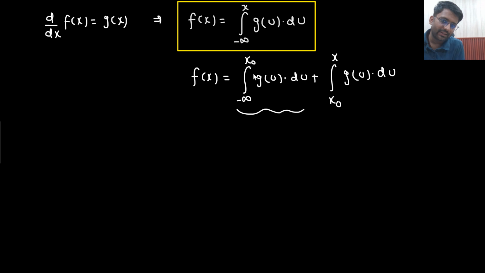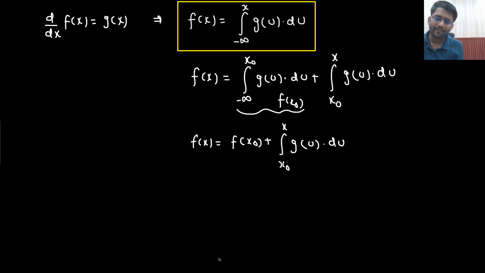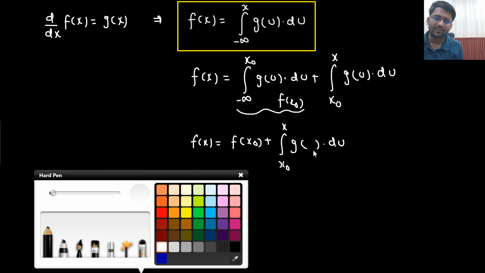Now what would this represent? In this equation, if you put x naught in place of x, this would represent nothing but f of x naught only. So f(x) equals f of x naught plus the integral from x naught to x of g of u du. There you go.